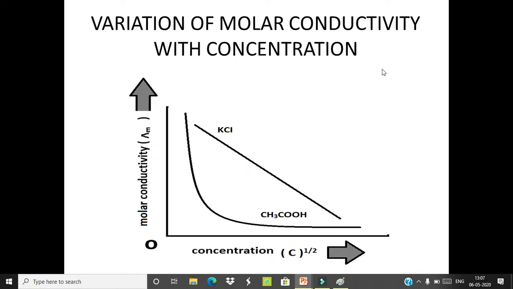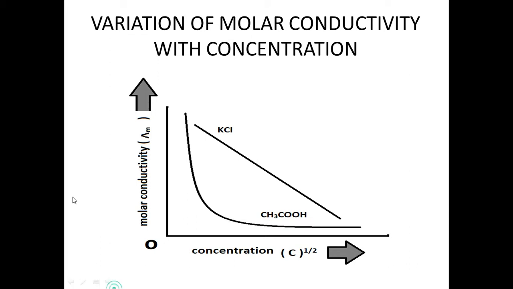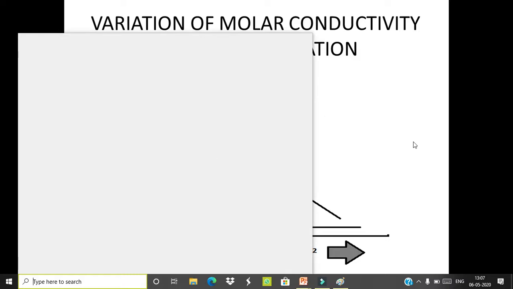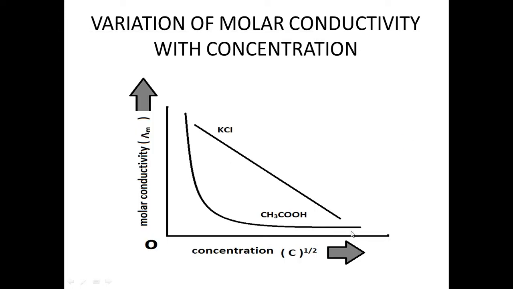So if we plot a graph between molar conductivity and concentration for strong and weak electrolytes, acetic acid is a weak electrolyte while KCl is a strong electrolyte. So you see the variation in the graph, but both the curves represent that molar conductivity is inversely proportional to concentration.